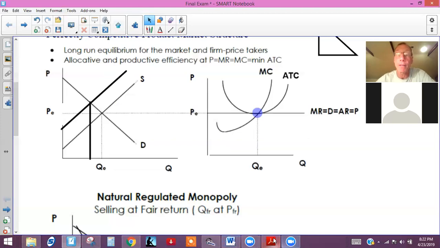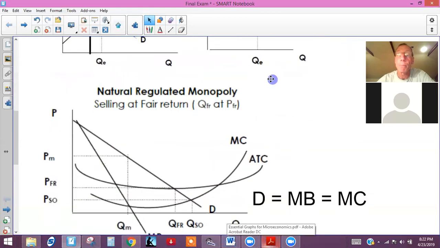Now in this graph down here, they're different, right? They're productively efficient where average total cost equals price or equals demand. That's productive efficiency. They're allocatively efficient where they're socially optimum, where marginal cost equals price.